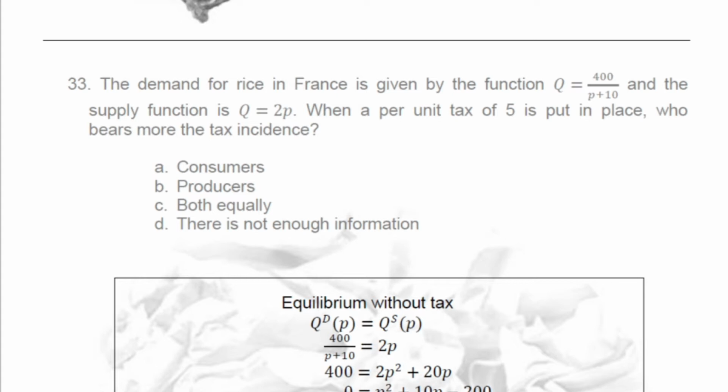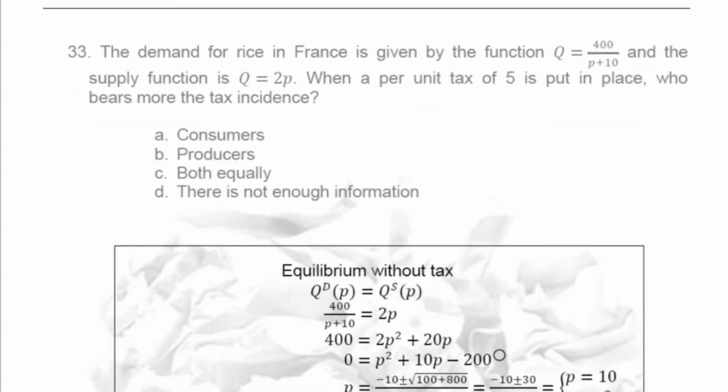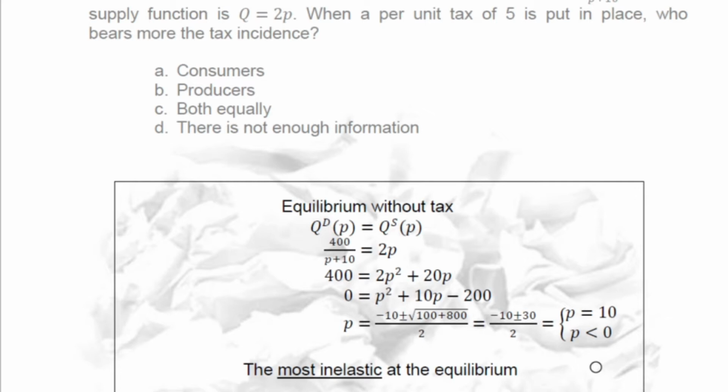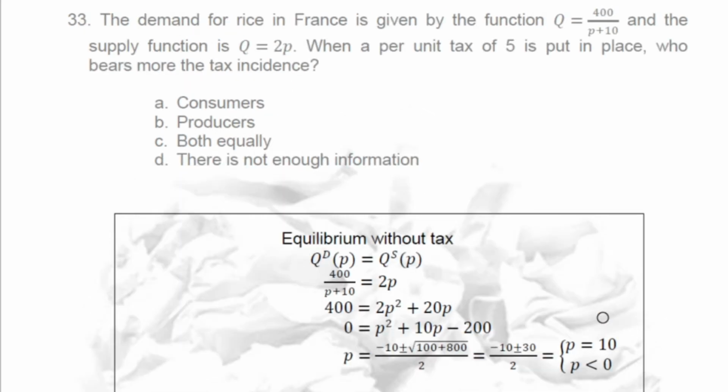Then 0 equal to, I take this 400 to the right, and then divide by 2: p squared plus 10p minus 200, and now p equals 10. The other root is negative, so p is 10. Quantity, it's not necessary, but if we want to find it, it's very easy, it's 20. From here or from here, 400 divided by 20 is 20.